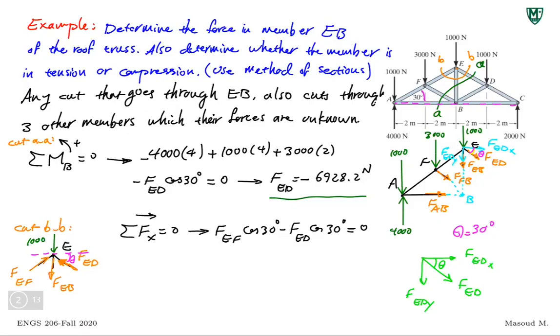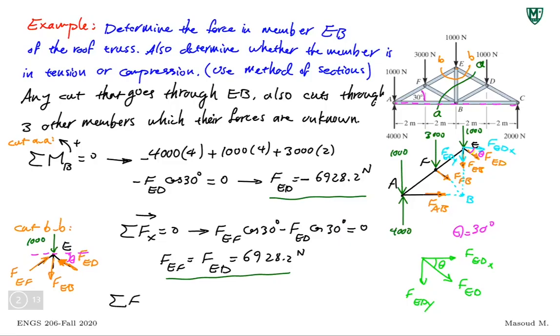I was looking for this one, which directly gives me FEF. FEF is equal to FED, which is, now it's not negative because I flipped the direction, 6928.2 newtons. This is FEF. Still not what I wanted though. I'm looking for EB. But there you go.